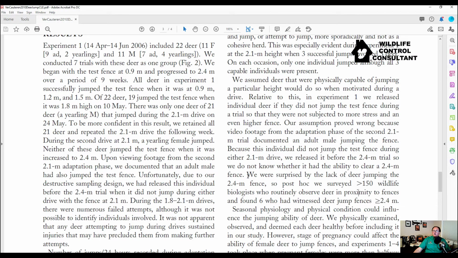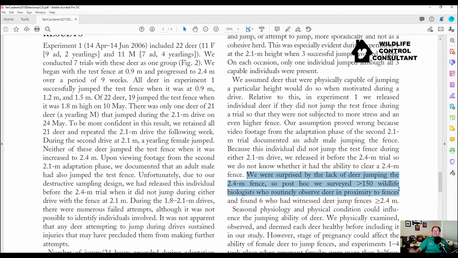Notice how they commented here, we were surprised by the lack of deer jumping the 2.4 meter fence. So post hoc, that means after the fact, after their experiment was done, they surveyed over 150 wildlife biologists who routinely observed deer in the proximity to fences.